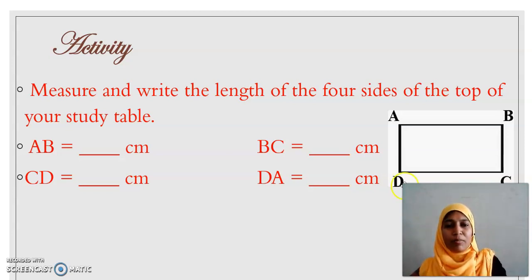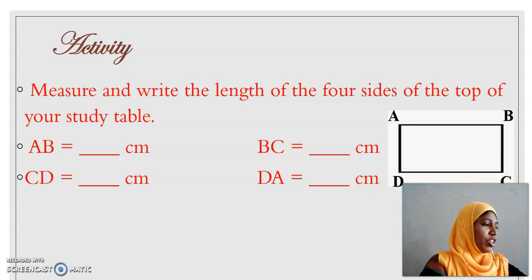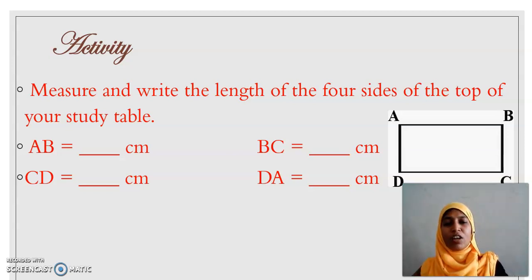I have started measuring AB now with the scale. Hope you are also measuring the table. Have you measured one side now? Do it slowly and correctly. Did you measure it?